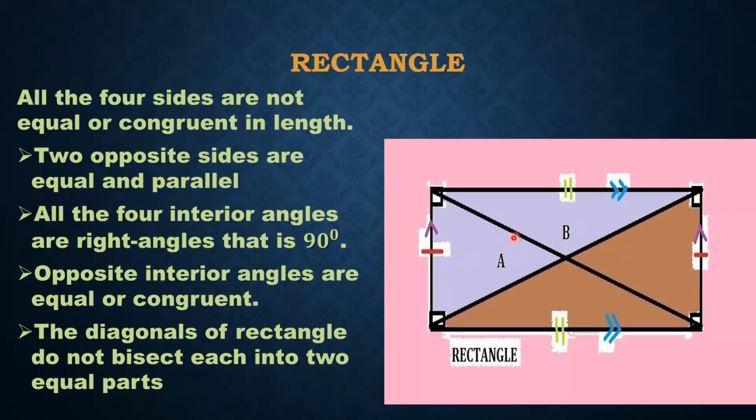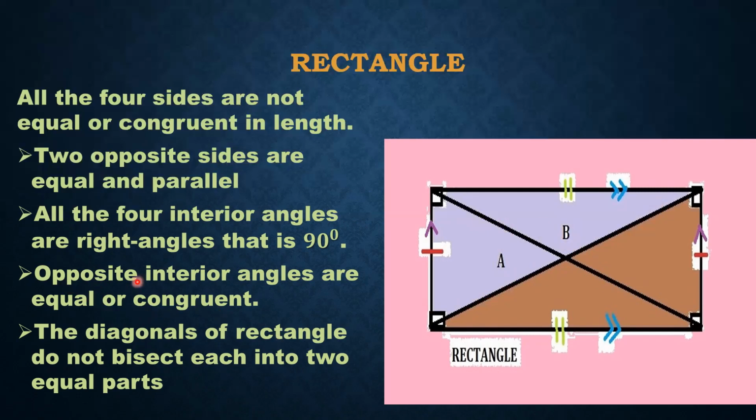Here they form two triangles. You have one here, one here. And when you compare this and that, the triangles here and here are not the same. Are you okay? So the diagonals do not bisect each other. Even when you compare this side and this side, here is quite different from this side. So the diagonal here does not even bisect the rectangle into two equal parts.